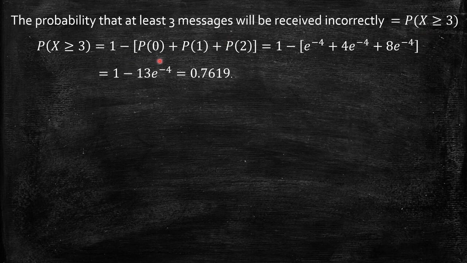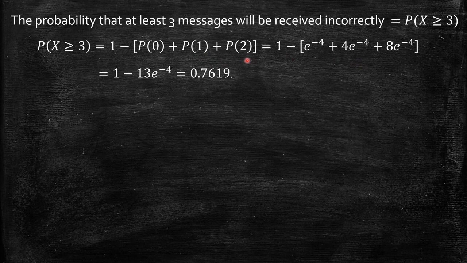So I have 1 minus P of 0 plus P of 1 plus P of 2. So substitute x equal to 0, 1, 2 in the probability function, that is 4 power x e power minus 4 by x factorial. Where x is 0 it is e power minus 4. When x equal to 1, 4 power 1 by 1 factorial, that is 4 times exponential minus 4.